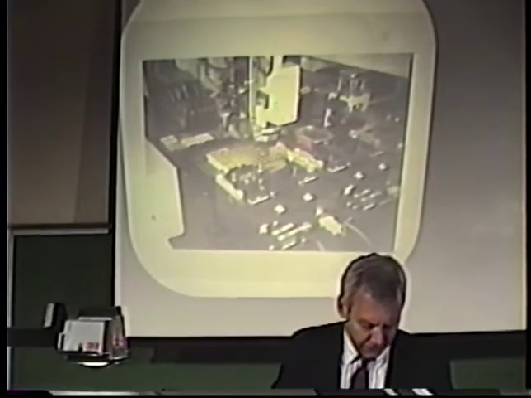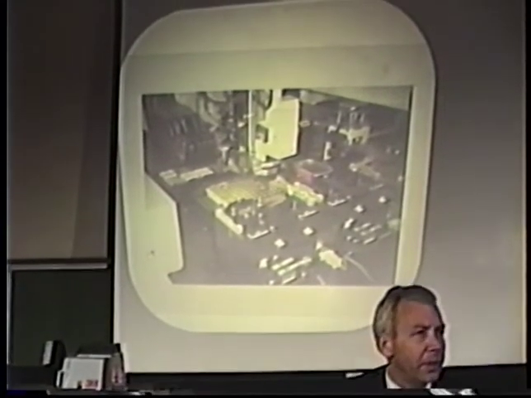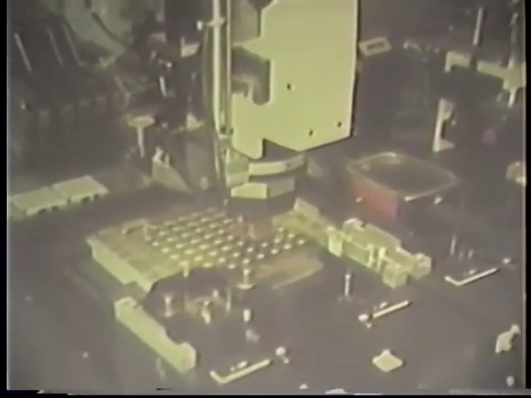And then the next step takes capital investment of a few $1 million. These pictures were taken at MCC, the Microelectronics and Computer Corporation in Austin, Texas, in their packaging operation, where this machine, this robot, staples the chips down onto these boards.